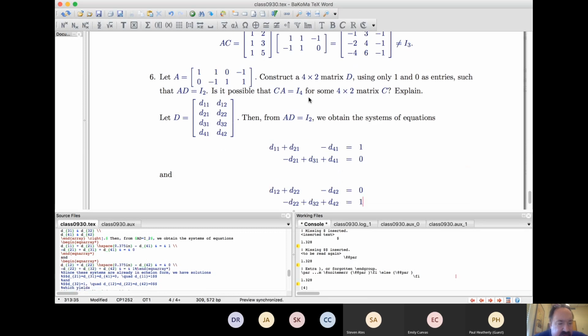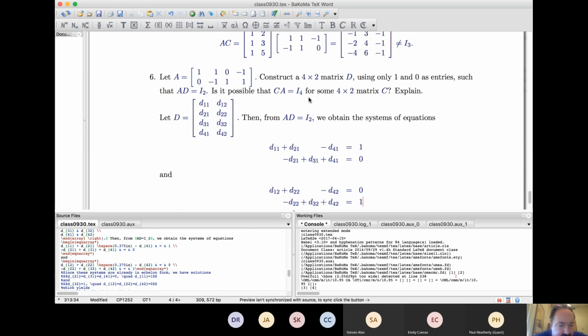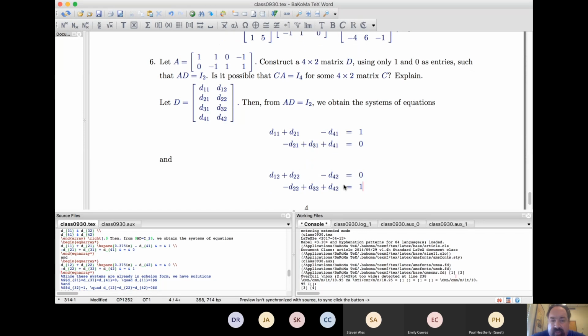And then we have this second system for a second column of D to get the second column of identity. Now, in the previous problem, I was solving for the rows of C. Now I'm solving for the columns of D. What's the difference?